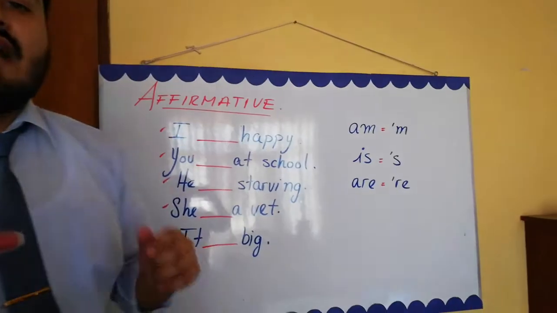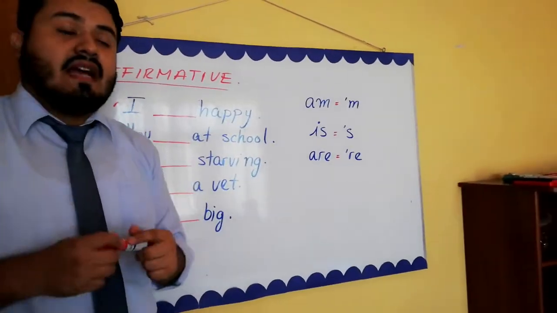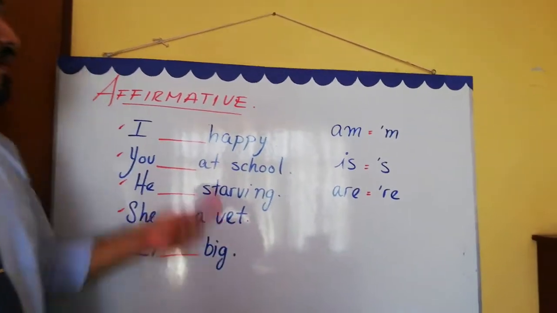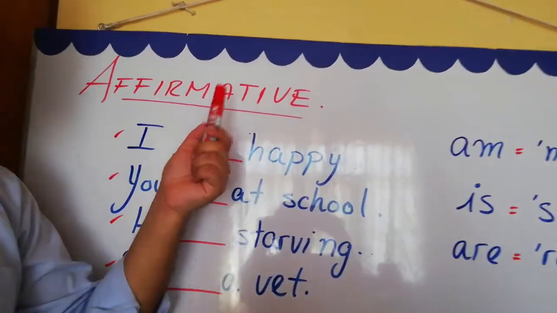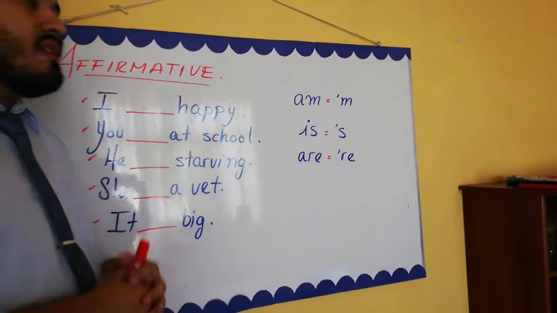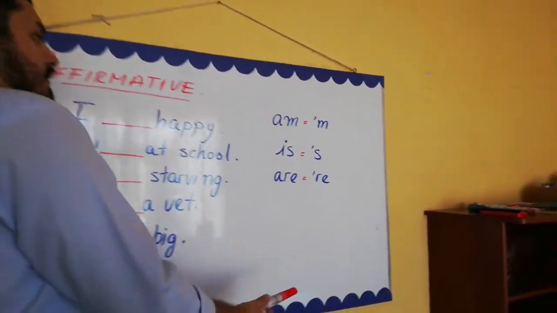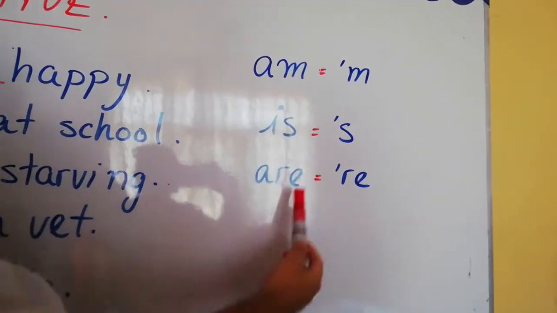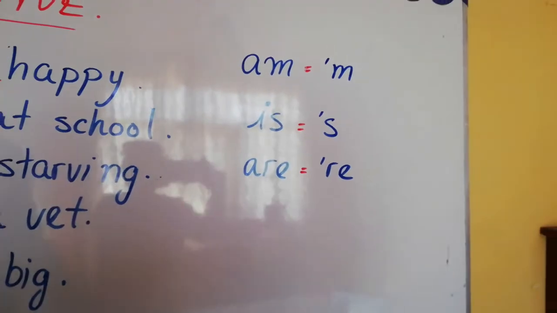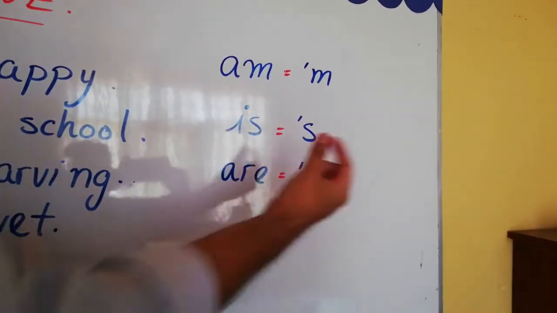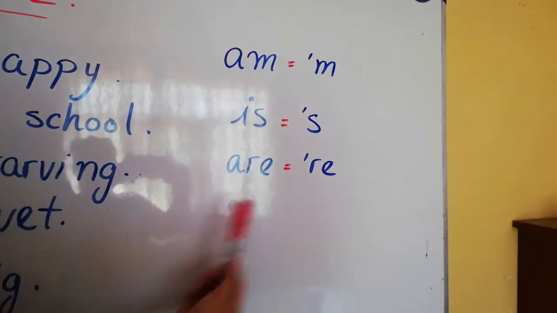Okay guys, now let's continue with the class. Okay? Now we're gonna work with the verb be with affirmative sentences but in singular. Okay? Now let's remember a little bit. We have for the verb be am, is, and are. But we also have the contraction, the short form of the verb be.